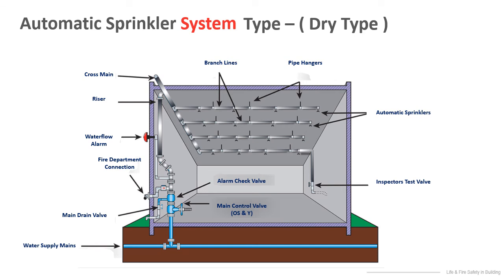However, in this case, water is not immediately available because the pipe is not water-filled, and instead air is released from the now open sprinkler head, and this creates a drop in pressure causing the dry pipe valve to open and water to fill the system. Water will then flow from the open sprinkler head.